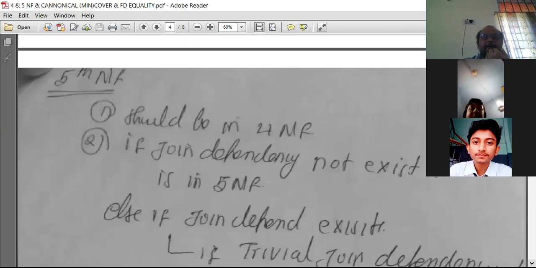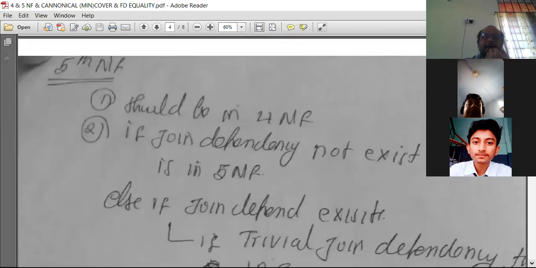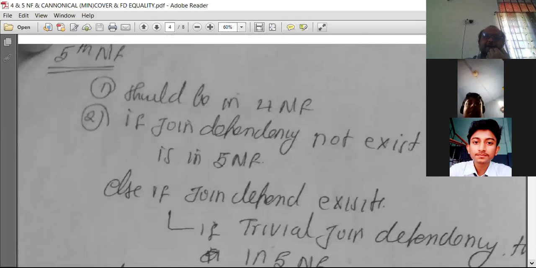Now, there are 2 conditions for 5NF. The table should be in 4NF, then only can we go for 5NF. If join dependency does not exist, it is in 5NF.